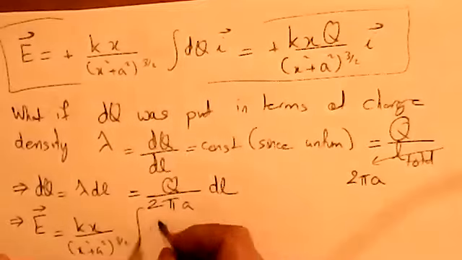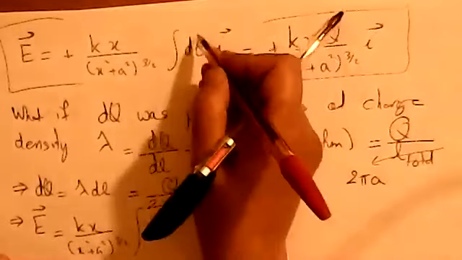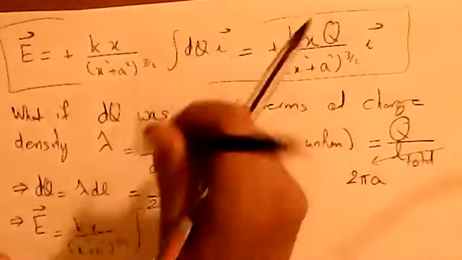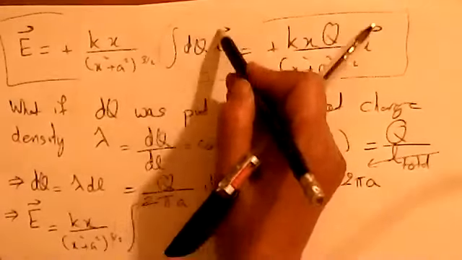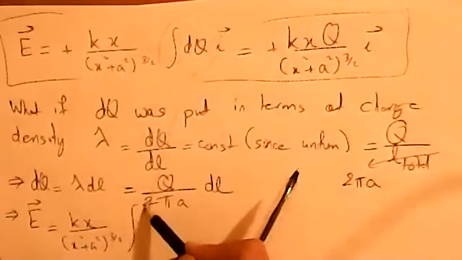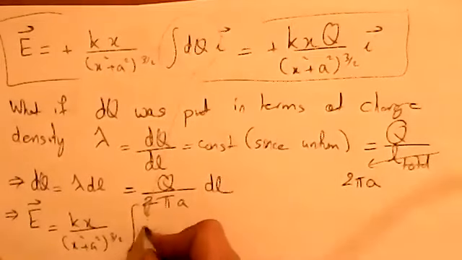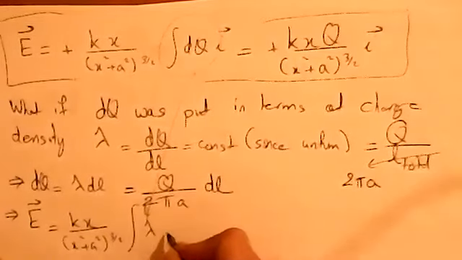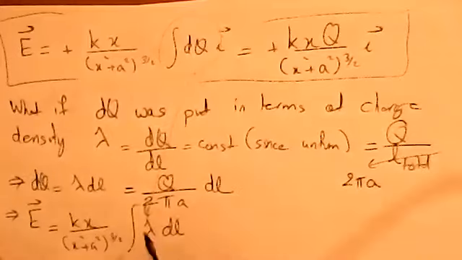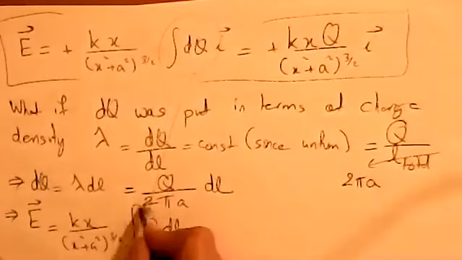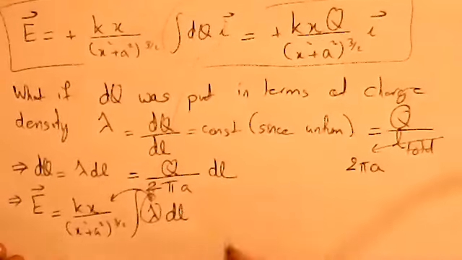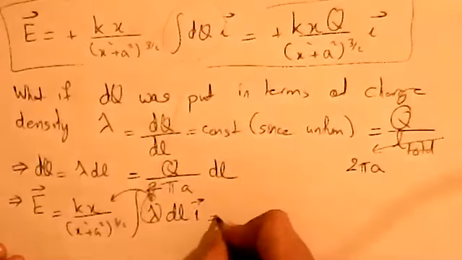Lambda is constant, so I take it outside, with direction i.